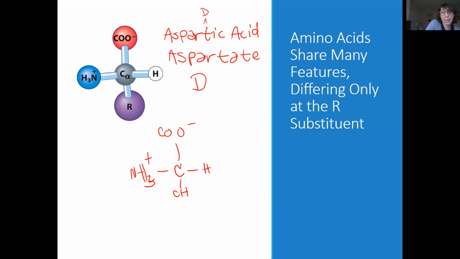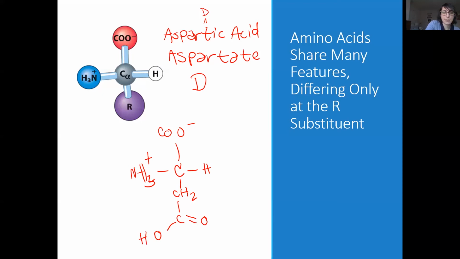And aspartic acid or aspartate looks a lot like asparagine. It has one CH2 group here, but instead of an amide group, it has a carboxylic acid group.